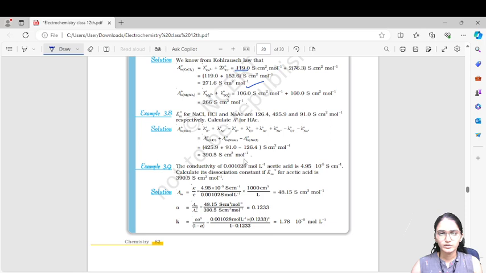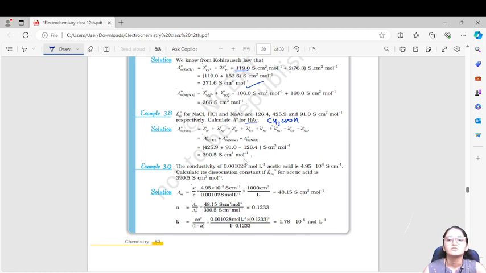elements. Here is a different type of problem in which molar conductivity is given for NaCl, HCl and sodium acetate, with these values given, and we calculate the lambda naught, or molar conductivity, of CH3COOH, acetic acid.